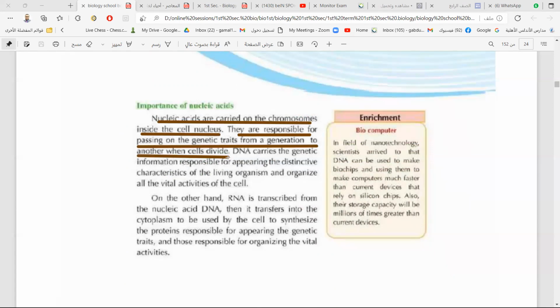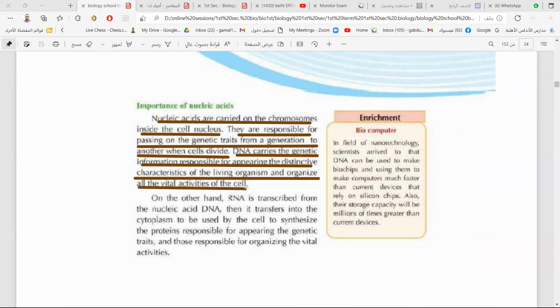You remember the mitotic division and the meiotic division. The chromosomes are divided and go to the new cells, carrying the DNA, carrying the hereditary traits and the genetic information responsible for the appearance of distinctive characteristics of the living organism, and organizing all vital activities of the cell.